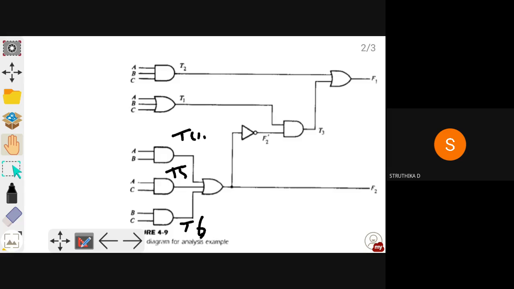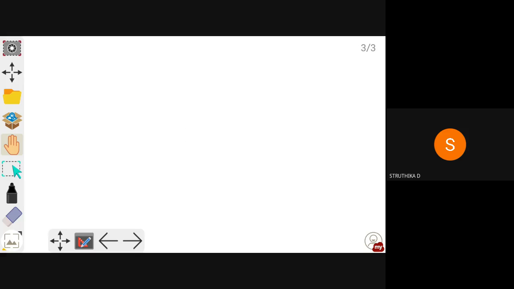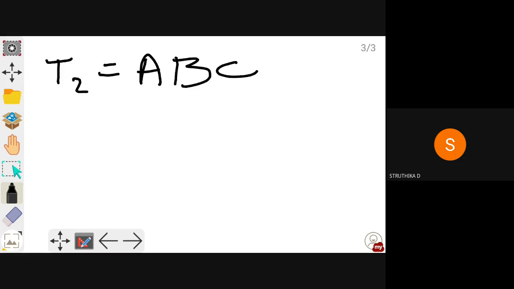T2 is an AND gate with inputs A, B, C. So what will the output be for an AND gate with inputs A, B, C? A dot B dot C, ma'am. Yes, the output of the AND gate T2 will be ABC, that is A into B into C. So T2 is equal to A dot B dot C.